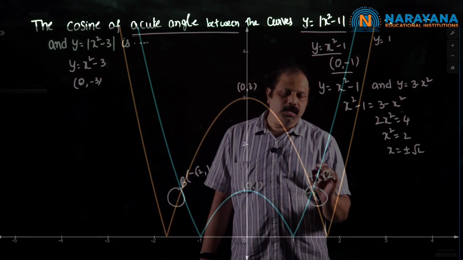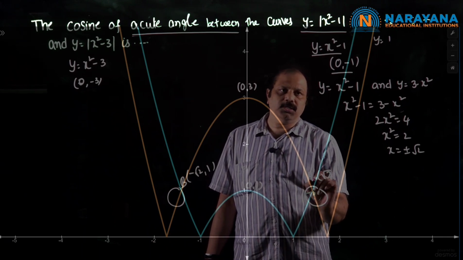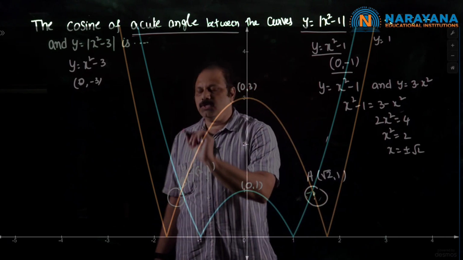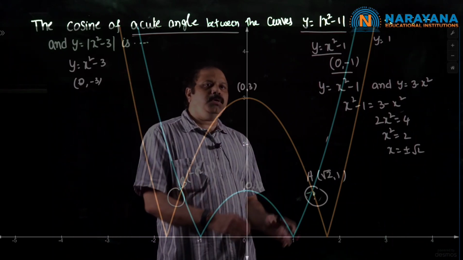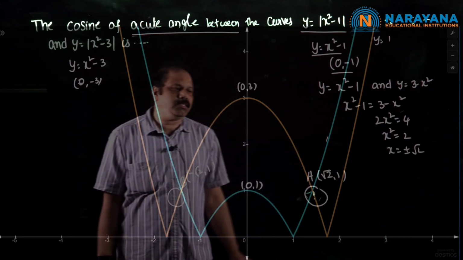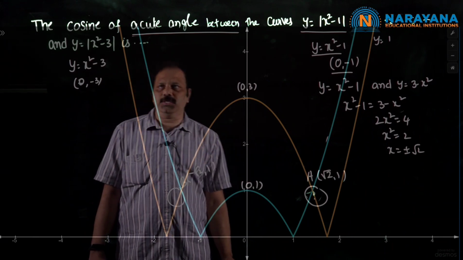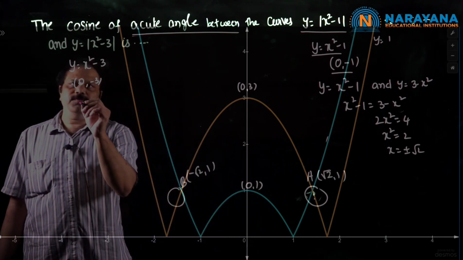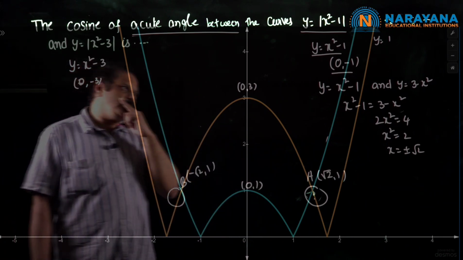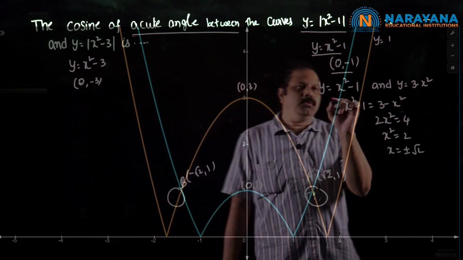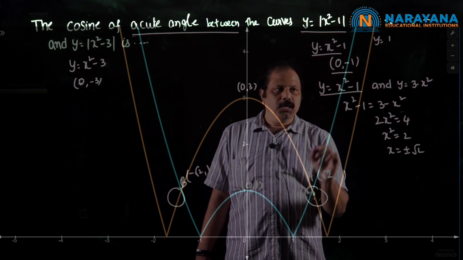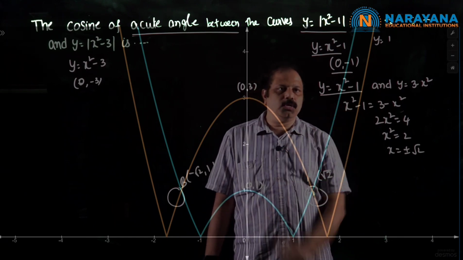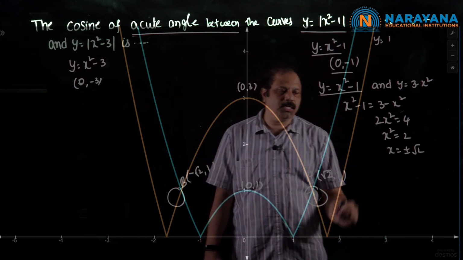The angle between the curves at A is the same as the angle between the curves at B. The angle between the curves is nothing but the angle between the tangents at the point of intersection. So I would like to differentiate y equals x squared minus 1. This point of intersection is obtained by solving y equals x squared minus 1 and y equals 3 minus x squared.